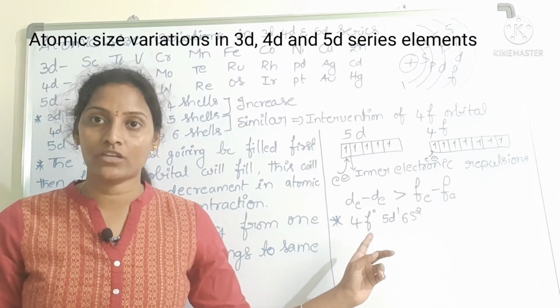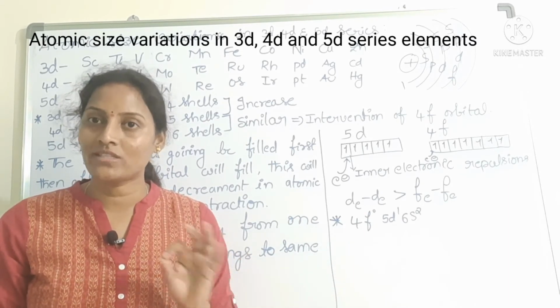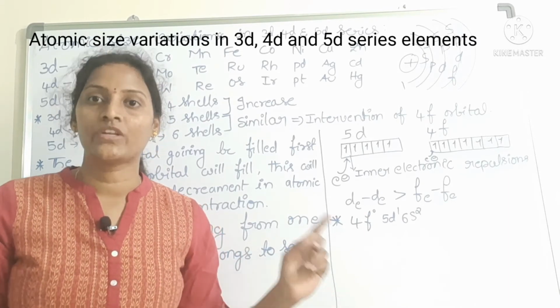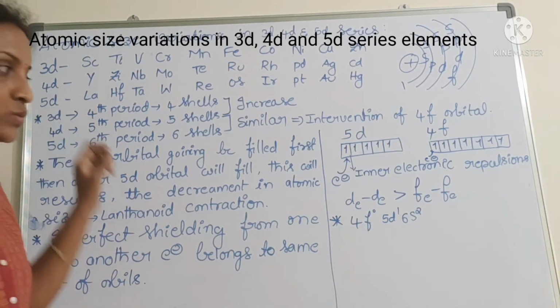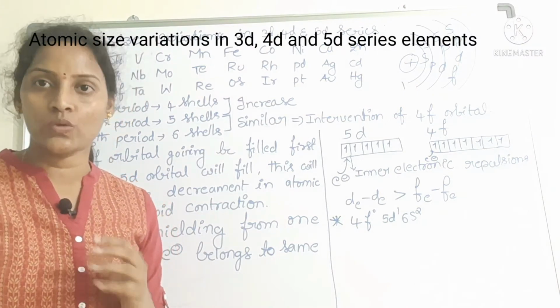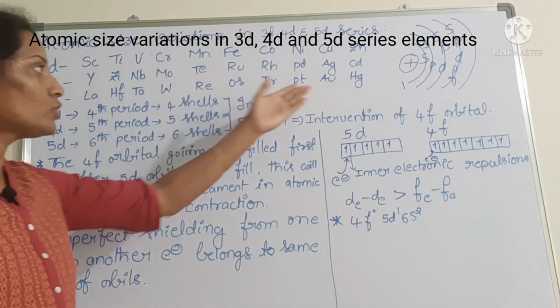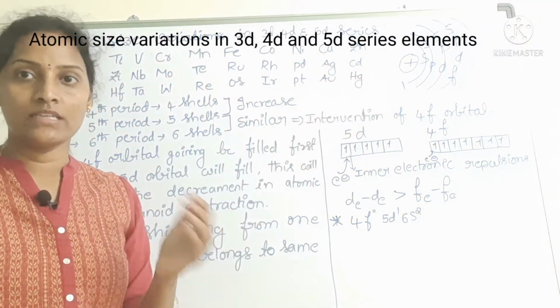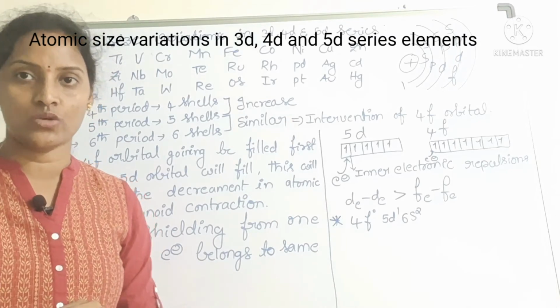There are no f electrons for lanthanum, so the lanthanide contraction rule is not applicable for lanthanum. So from yttrium to lanthanum, the size increases as usual, but from hafnium to mercury the size decreases because all have f electrons.